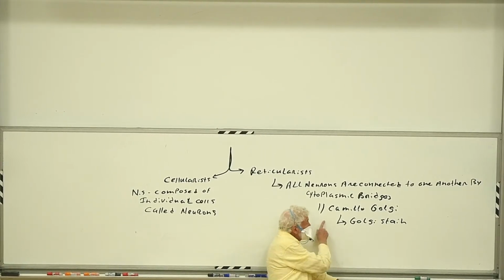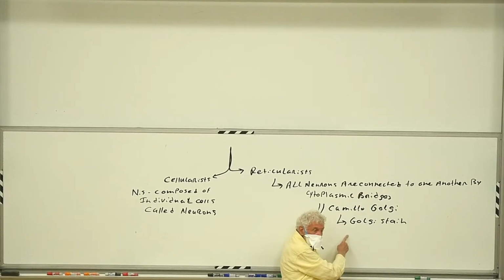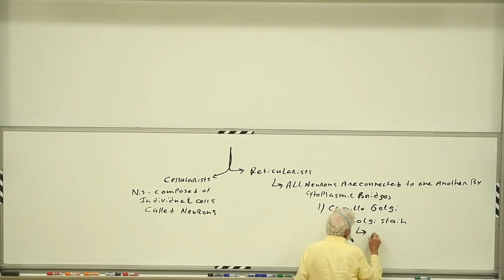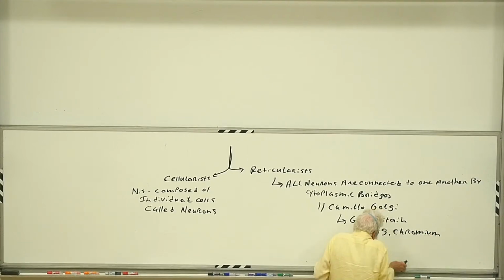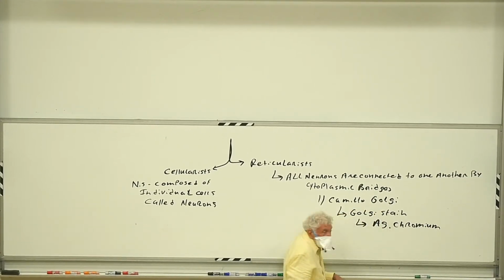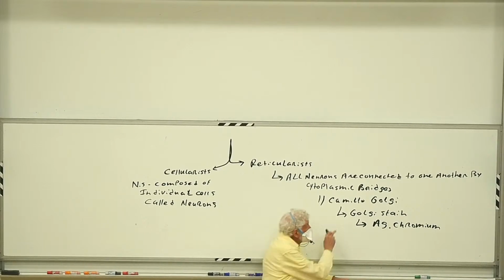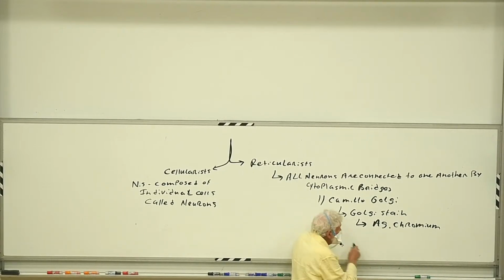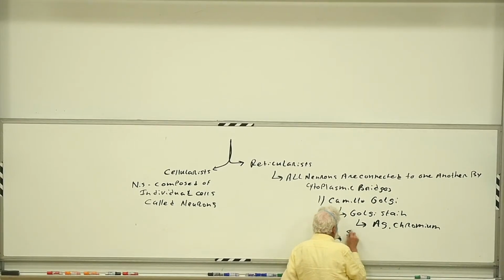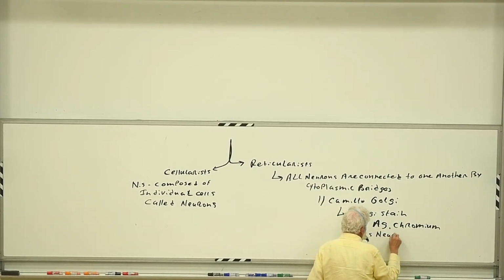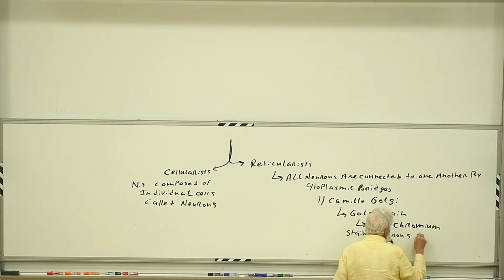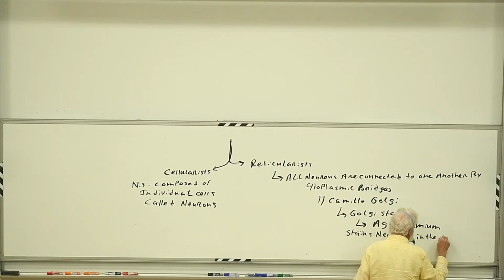So Golgi developed this clever stain, and rather than using aniline dyes, the Golgi stain depends on silver and chromium. We now know that the silver and chromium is probably staining the cytoskeleton, but the joy of this particular stain is that it stains neurons in their entirety.